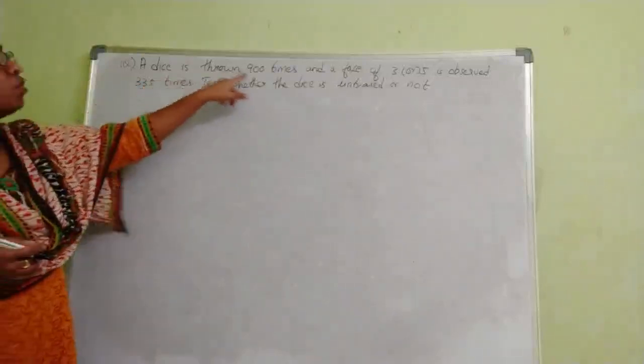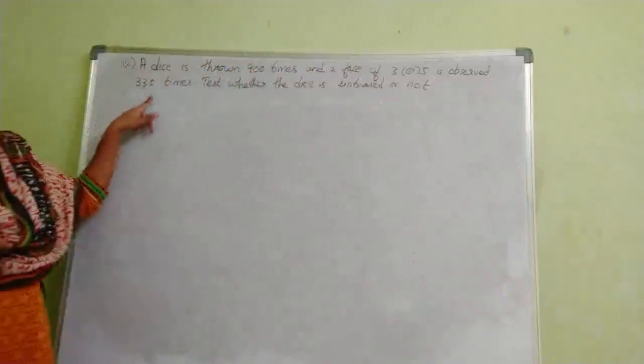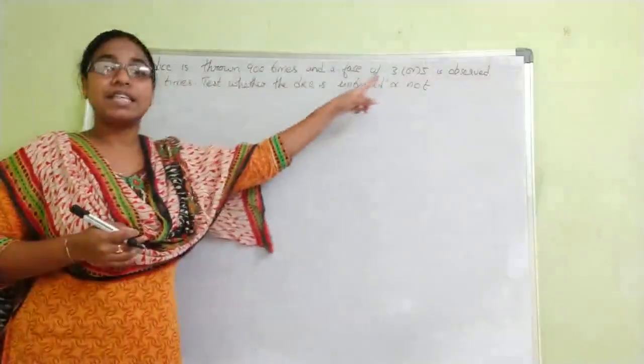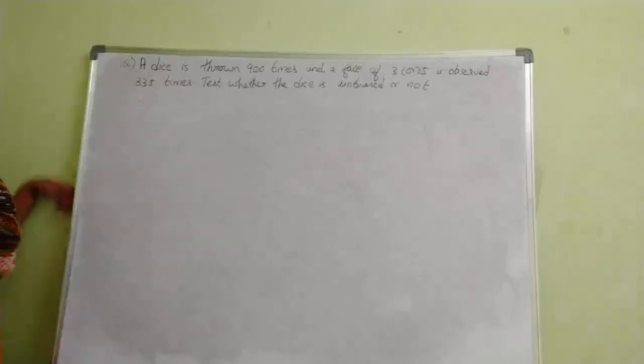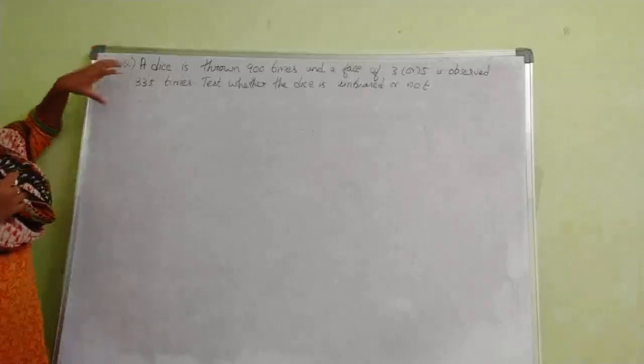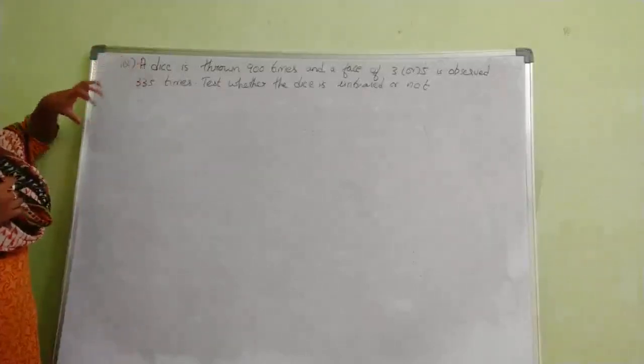So out of a total of 900 times, 335 times you got either 3 or 5. Now we have to test whether the dice is unbiased or not. We are going to check this using the proportion, because out of a total of n trials, there are 335 successes.